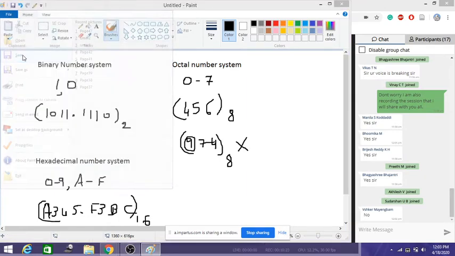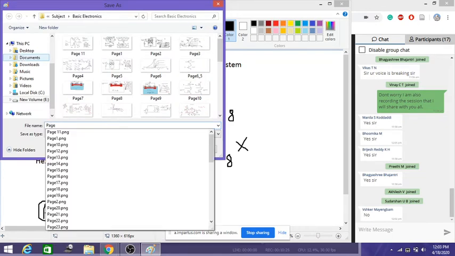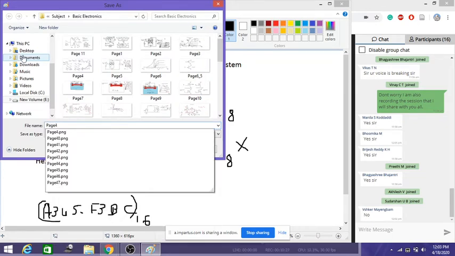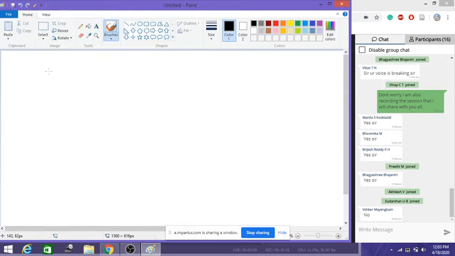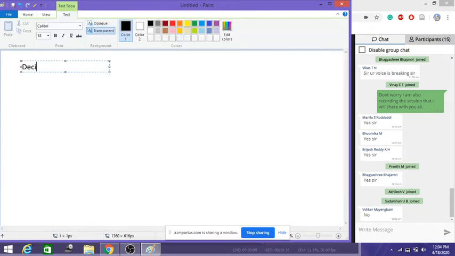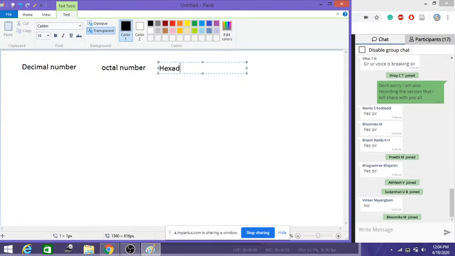So let me save this page. Page 48. Okay. Now let me write here the decimal number. Next, the octal number. Next, the hexadecimal number.